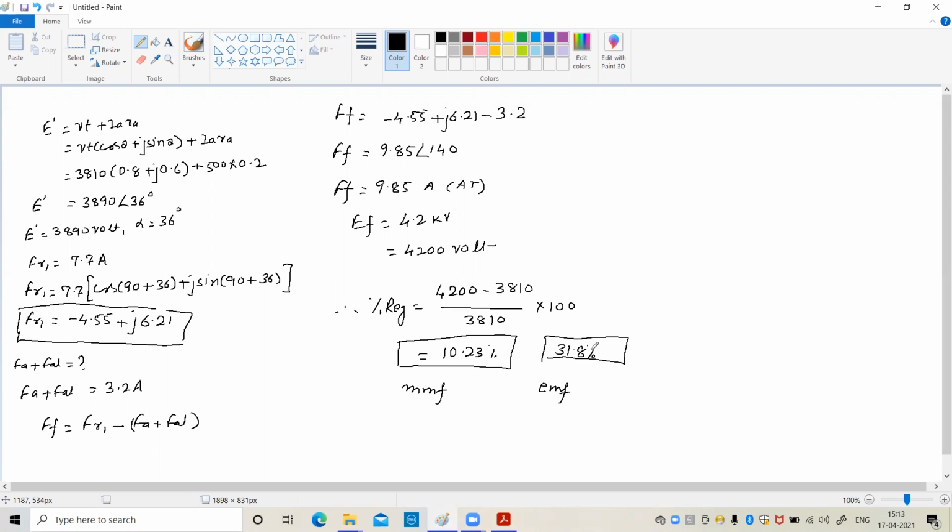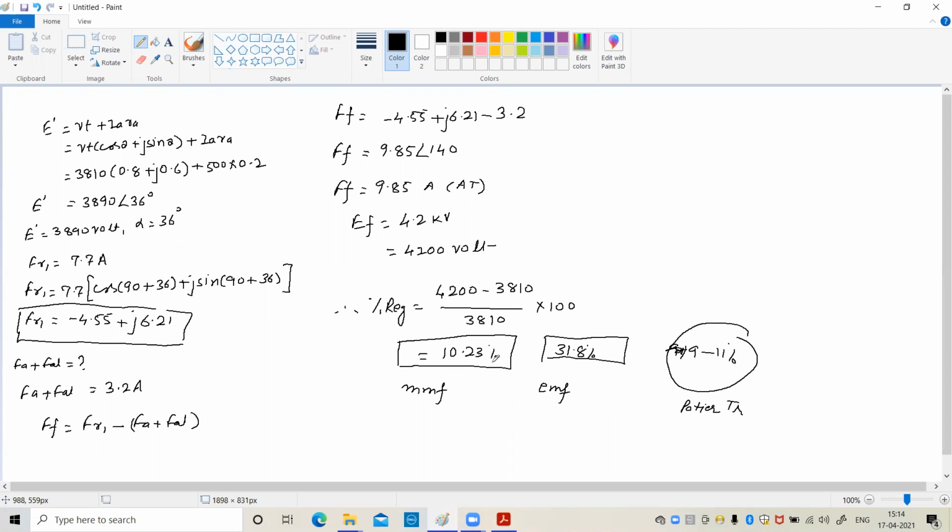If you do the same data by the other method, that is called the zero power factor method, you will definitely find the voltage regulation is around 9 to 11%. So definitely these two methods, that is the Potier triangle method and MMF method, give nearly the same value, near to each other.